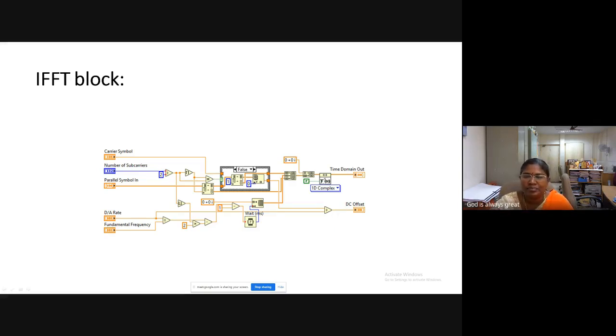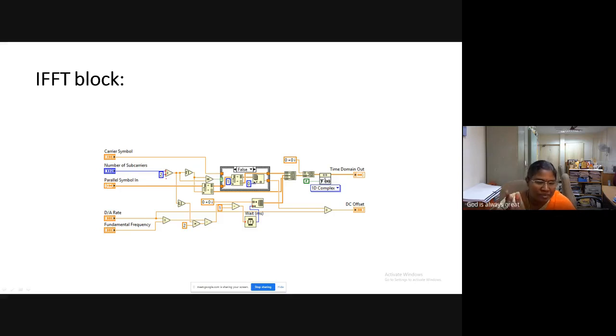The next set is you are taking your carrier symbols and the number of subcarriers and passing them through a decision block, whether it is true or false. This true or false block will be used to generate the time domain output from the frequency domain spectra. So first you need to compare whether the number of subcarriers is even or odd.